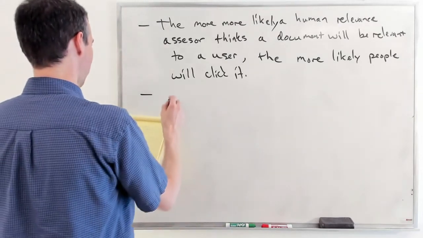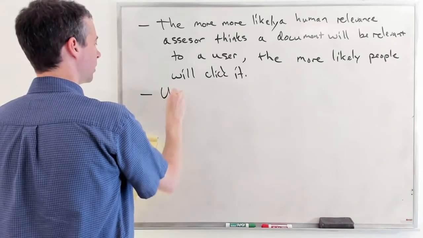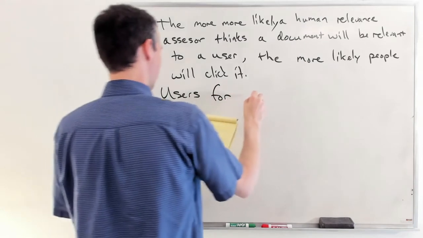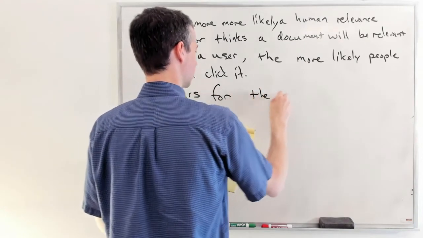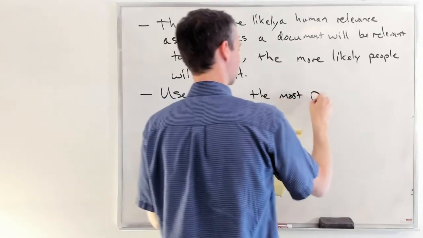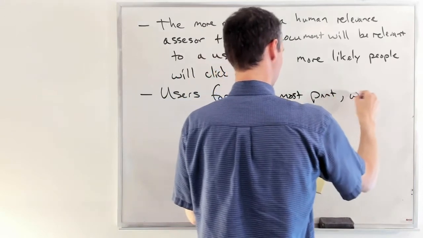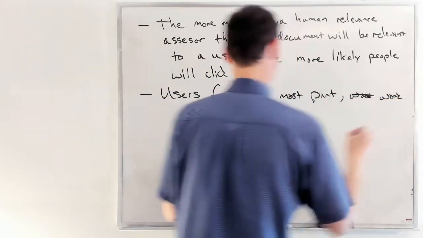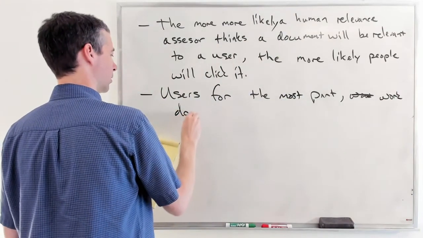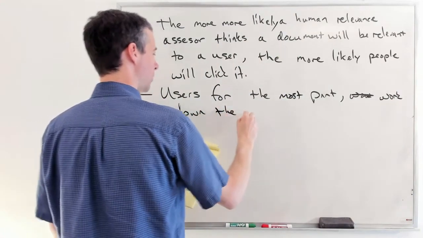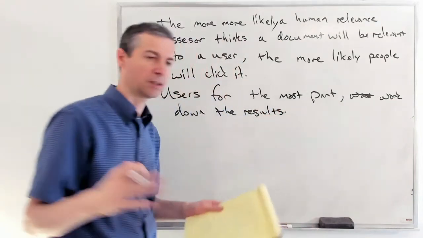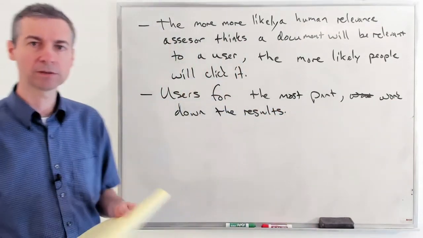All right. The other thing, you're going to say, oh, that's not surprising, but users, for the most part, work down the rank list. They work down the results. They go from the top of the page down. Certainly, there is some up and down movement.